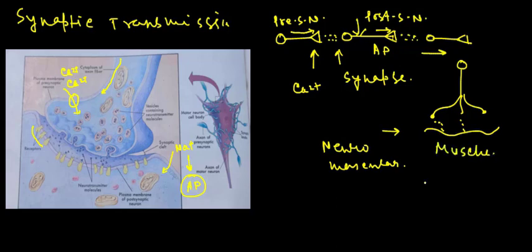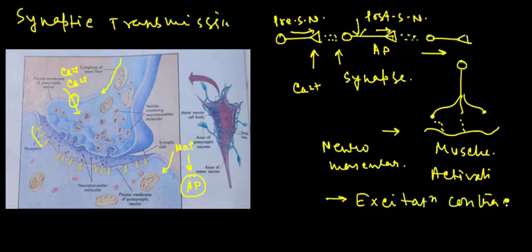This activates the muscles, and this is called the excitation and contraction coupling process. Due to the opening of this ion channel inside the muscles, the muscles contract. Okay, and in this way the action potential functions.